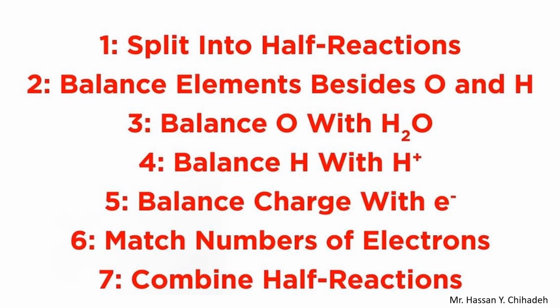Balance oxygen by adding water molecules wherever needed. 4. Balance hydrogen atoms by adding hydrogen ion wherever needed. 5. Balance charge with electrons. 6. Match numbers of electrons, or equalize the number of electrons in the oxidation half reaction and the reduction half reaction. 7. Combine the half reactions.